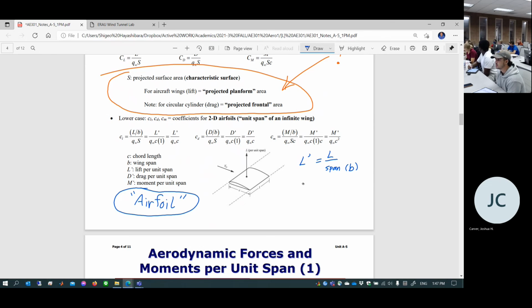Newton per meter, pounds per inch, pounds per foot. Drag also: D prime is the drag divided by span of a wing. Moment divided by span, M prime. Those are the per unit span values. That's airfoil.